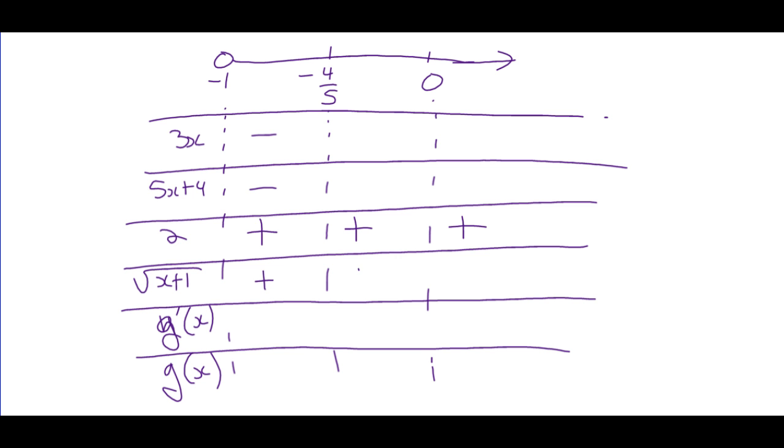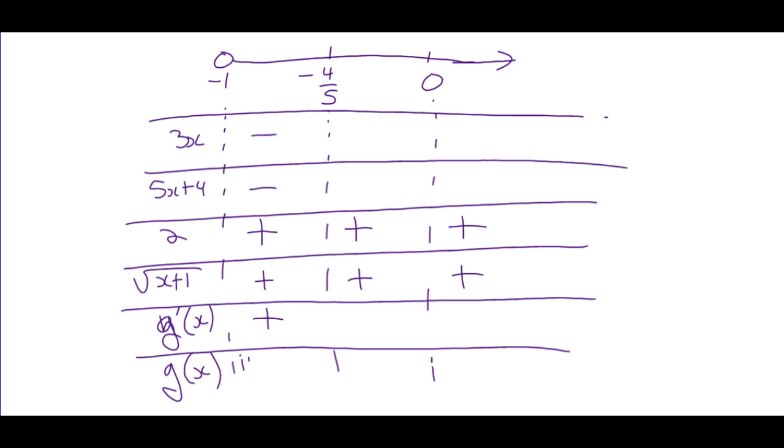So remember, that's what this symbol means, right? The radical sign is the positive or principal square root. So those have to be positive numbers. Okay, so g prime of x is positive, right? Plus, plus, minus, minus.